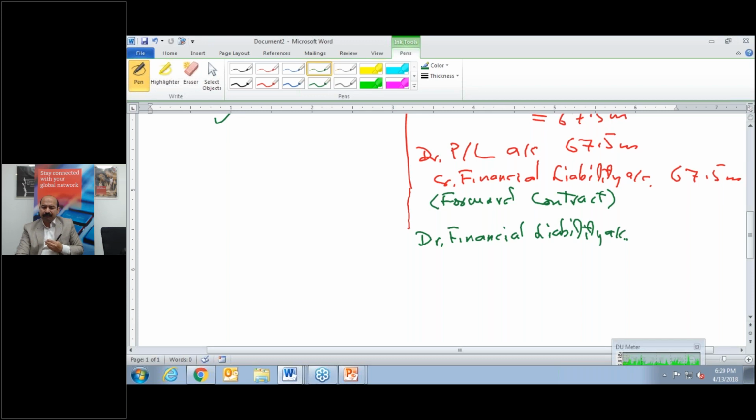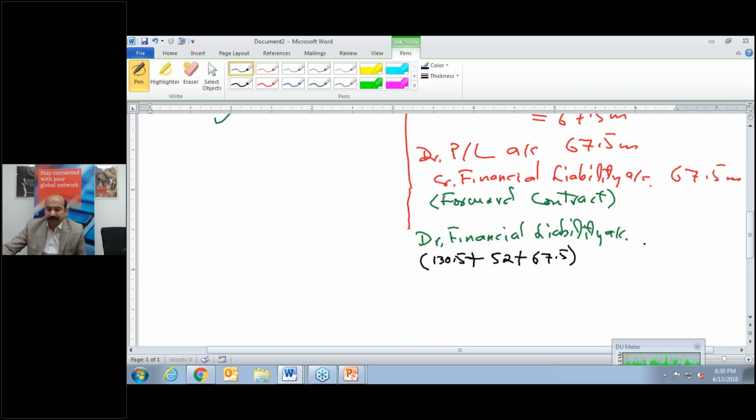So the total change will be, I suppose, on 1st we transferred the loss of 130.5, plus on the next date it was 52, and now it is 67.5 as written above.